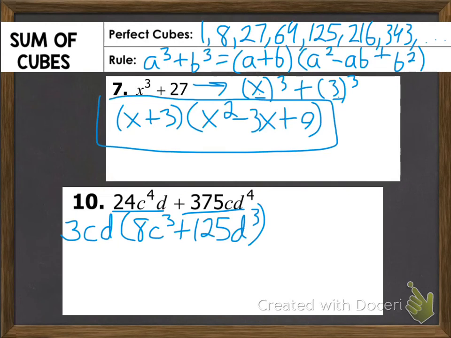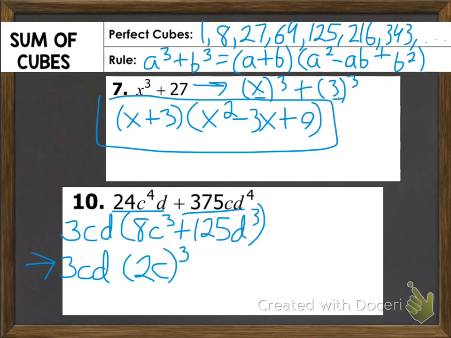Alright, so now just like we did in the previous problem, let's break these two up and raise them to the 3rd power. So bring down the 3cd, you're going to need it in the final answer. Let me draw my little arrow here. And then what we're going to have is, cube root of 8, that's going to end up being 2. And then we have our c here, it's already raised to the 3rd, so that's convenient.